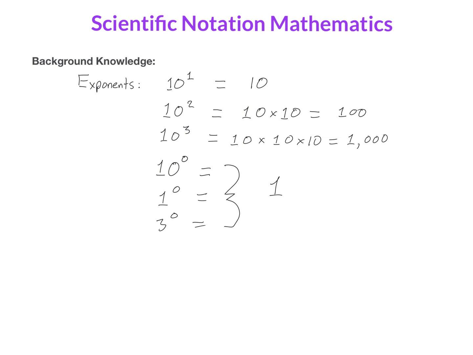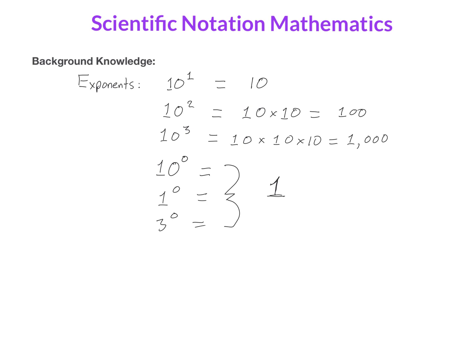Now the reason for this is a little bit convoluted, and we could go through proving it, but for now, let's just remember that whenever you raise something to the 0 power, it always equals 1. And this is going to become important for understanding scientific notation math for our purposes.